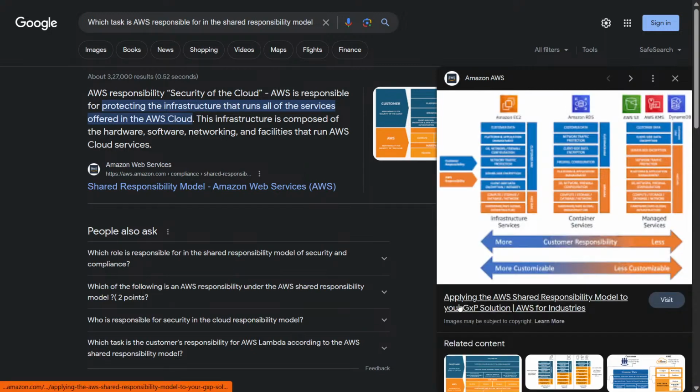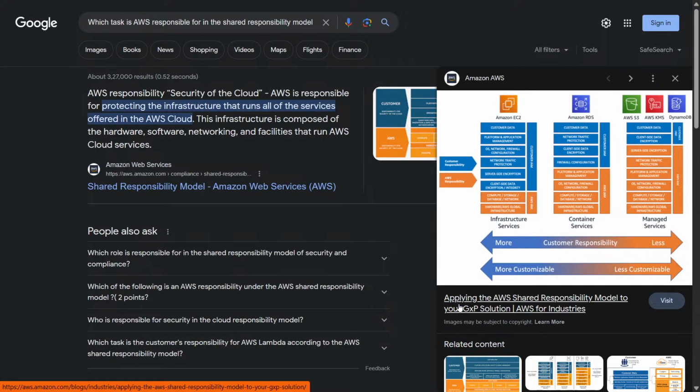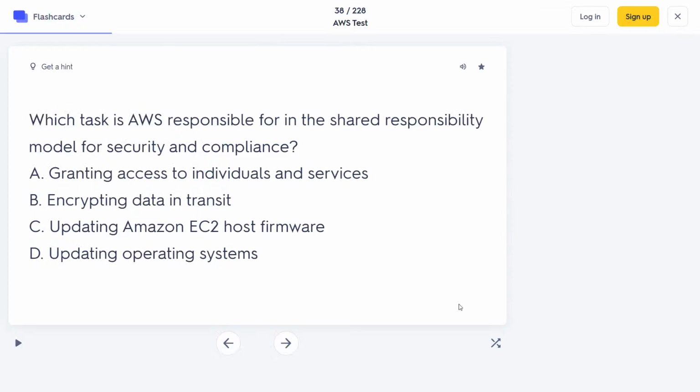That makes sense here. So customer responsibility is in blue, AWS is in red. Amazon EC2: customer data, platform application data, OS, network firewall configuration, server-side encryption. Okay, compute, storage, data. Server-side encryption, network traffic protection, platform application. Okay, that makes sense for sure.